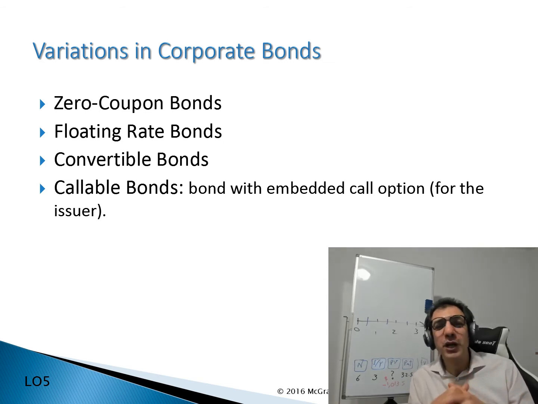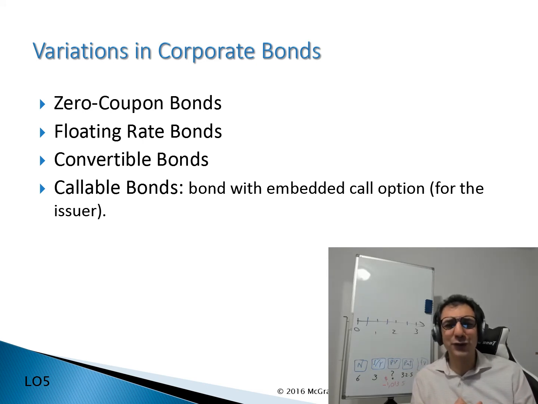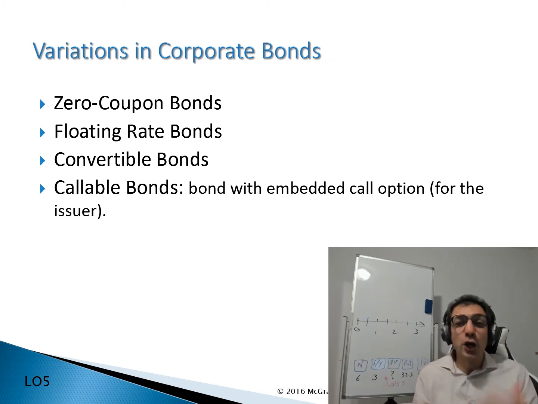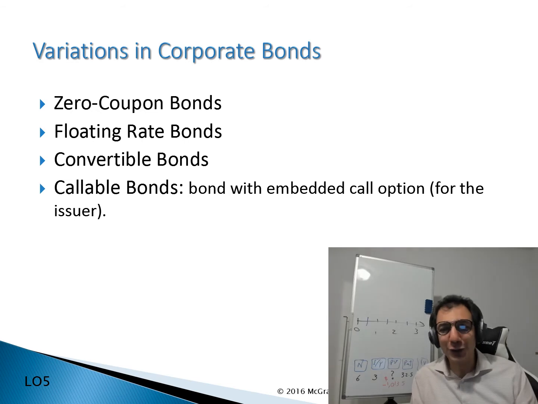So that's a kind of incentive for you to buy such bonds, because it's not a good feature for the bondholder, for the investor. If the market is paying much lower interest and you receive a high coupon rate, you want to hold on to your bond.